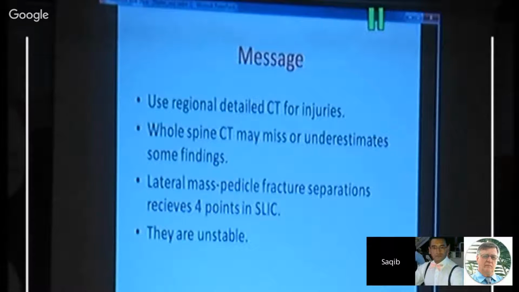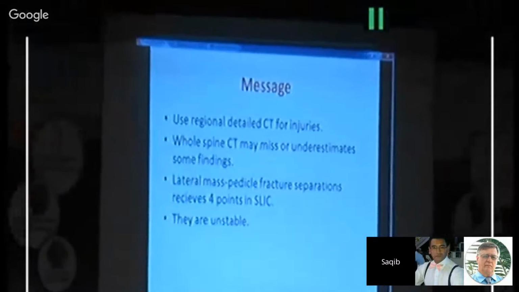So my message is: use regional detailed CT for injuries. Whole spine CT may miss or underestimate some findings. Lateral mass pedicle fracture separations receive 4 points in SLIC, and they should be accepted as unstable cases. Thank you.